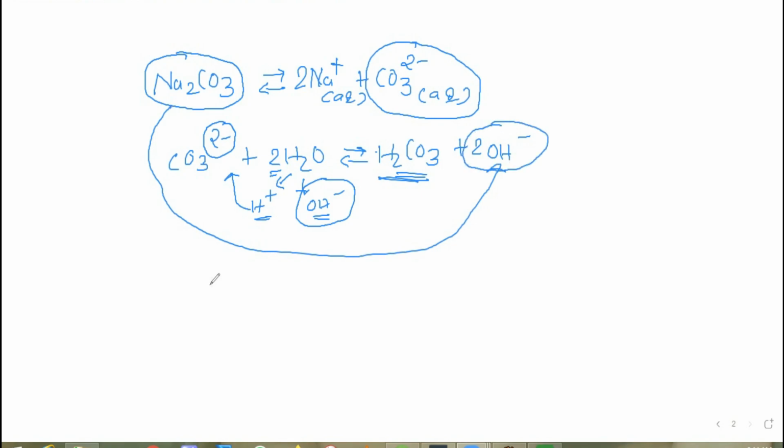Now similarly, NaHCO3 will give 1 OH minus. So this is the simple calculation of acidity of a base. So how many number of moles of OH minus ions are formed on dissolving 1 mole of base. Okay.